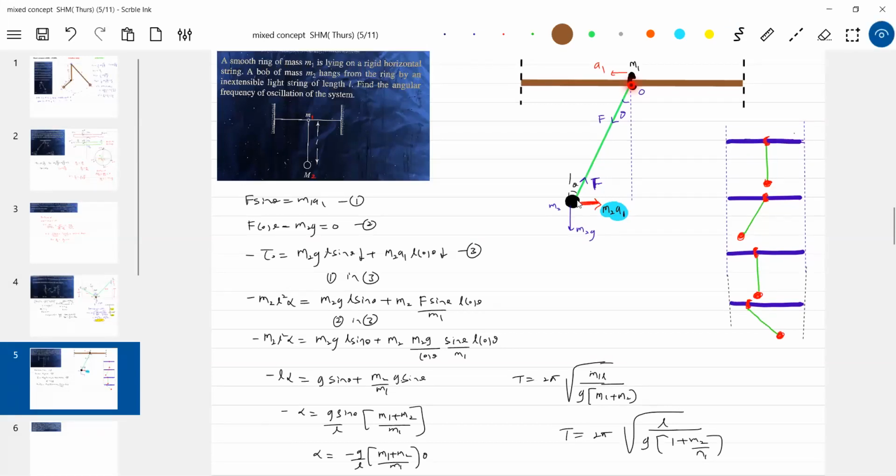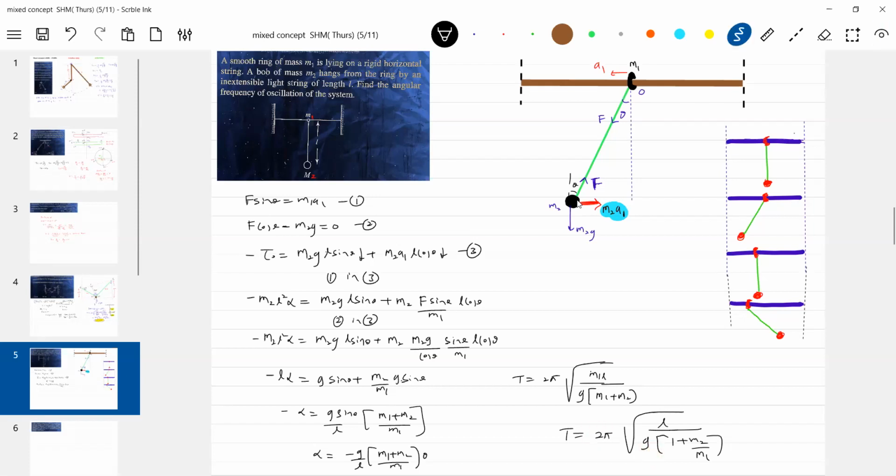If M1 is very large, if you suspend this to a wall or ceiling, what is the mass of that ceiling? It will be so large compared to the bob, no? If M1 becomes infinity, then 1 by infinity will be 0, then we get 2 pi root of L by G. The same thing as the first pendulum we started with.